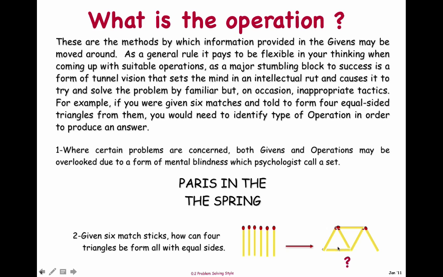But you can see that only 2 equilateral triangles are generated by this formation. The third is incomplete, and this does not even come close to 4. If you take this matchstick and you dissect it right through here, then you don't have an equilateral triangle, and this matchstick would be too short to make it all the way to that end. So again, how would you solve this problem?